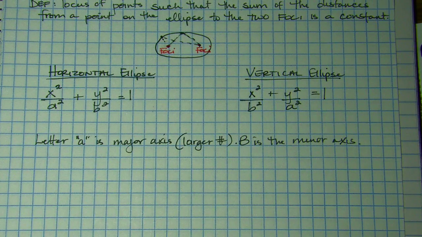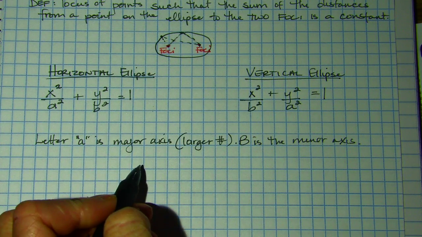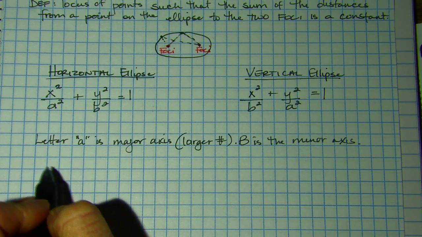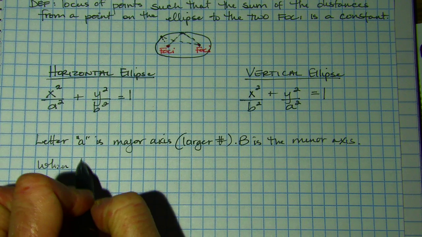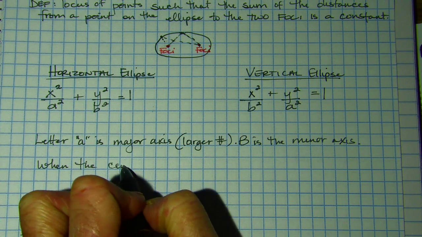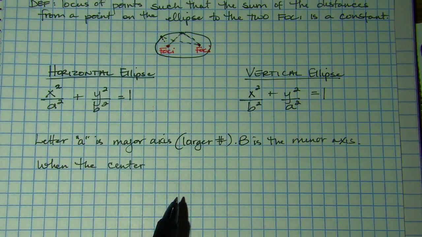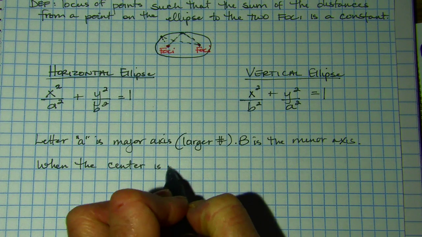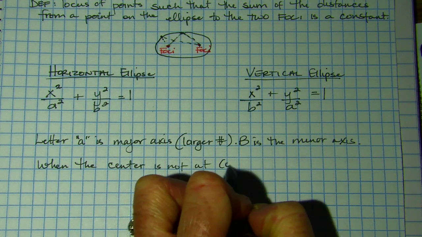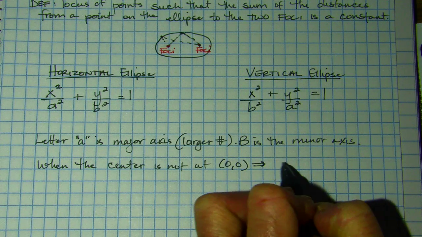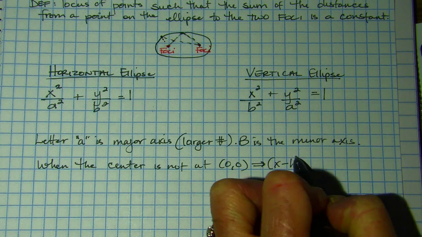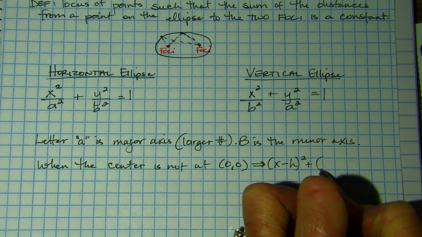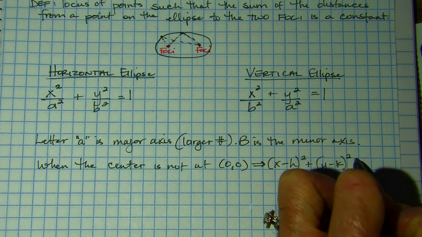I am going to go over when the center is not at 0, 0, the formula looks like x minus h squared over a squared, very similar to your circle, plus y minus k squared over b squared equals 1.